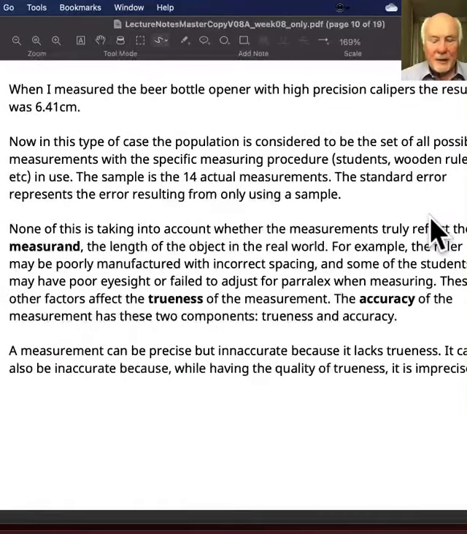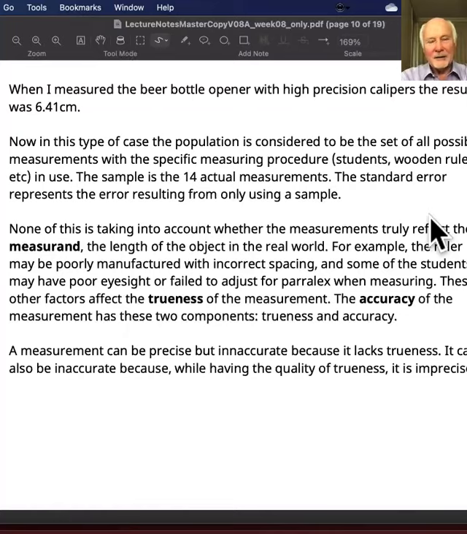All right. Now let's just think about the population and the sample here, because this is an important one to know about. With physical measurements, when you do something like this, the way you think about it goes something like this. I set up a measurement procedure, or you could think of it as a measuring instrument. The measuring instrument involved 14 people using a fairly hopeless old wooden ruler to measure this object.